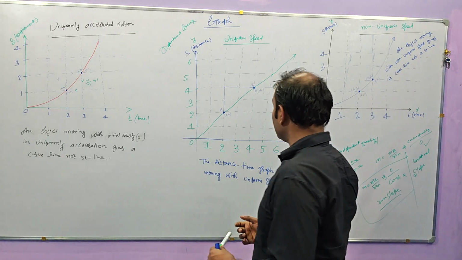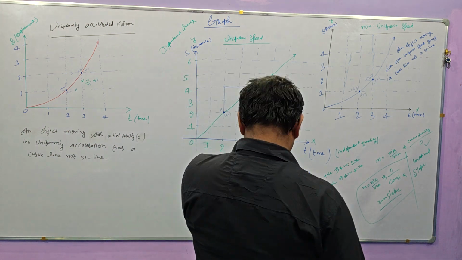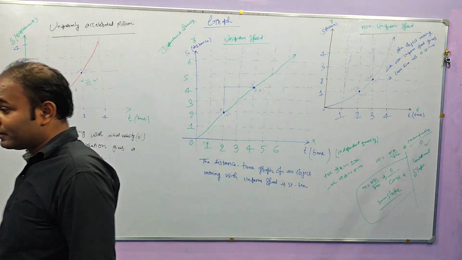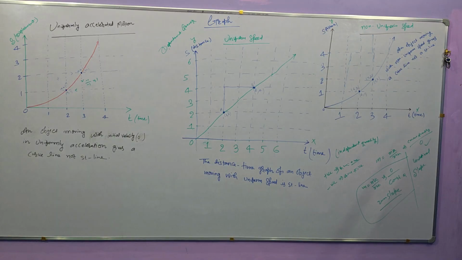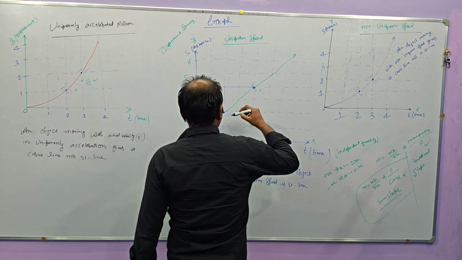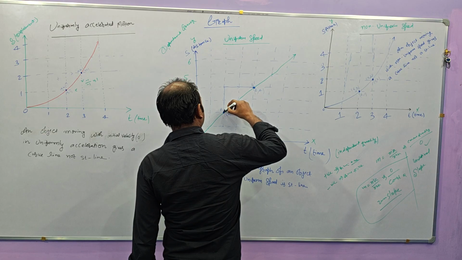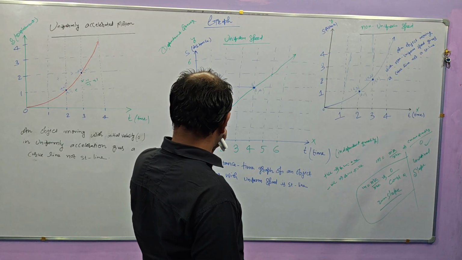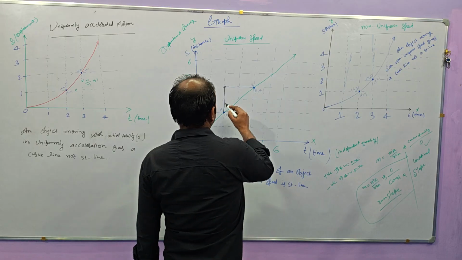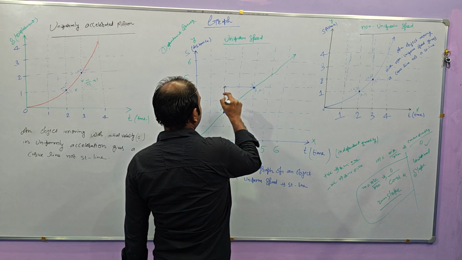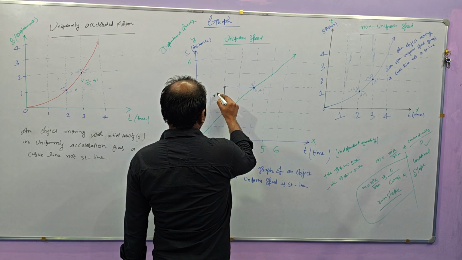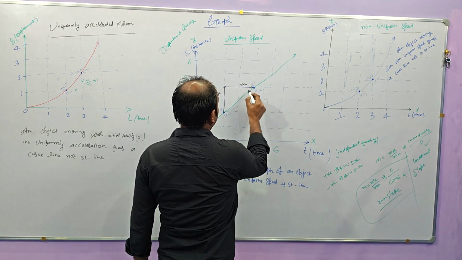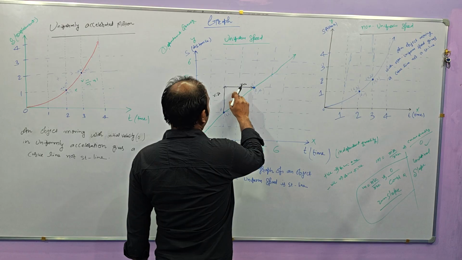Now just look, when we move right two units, 1 and 2, this is our run, and this is our rise, and it is also 2 units, 1 and 2.